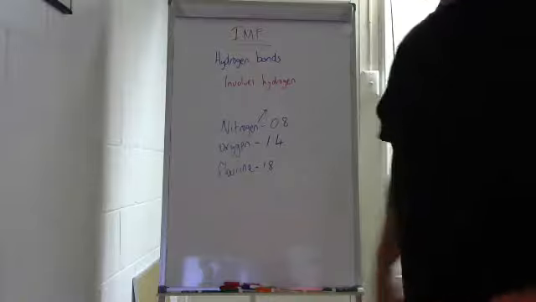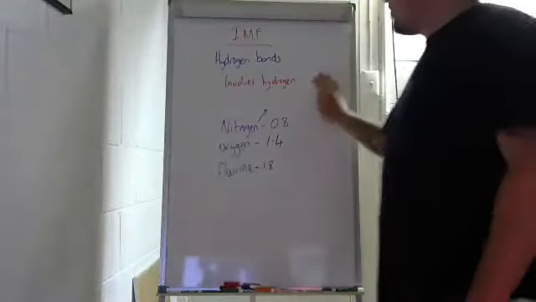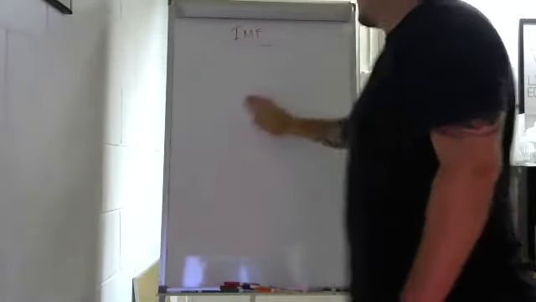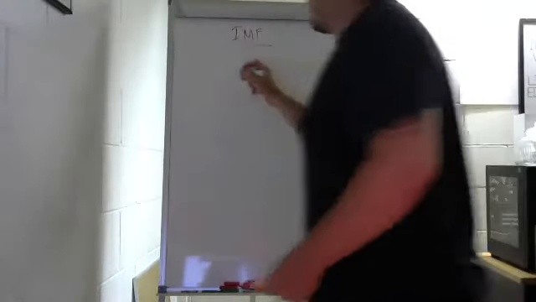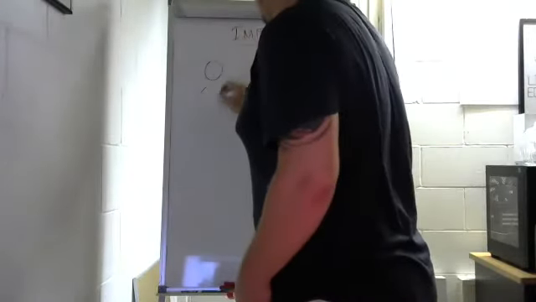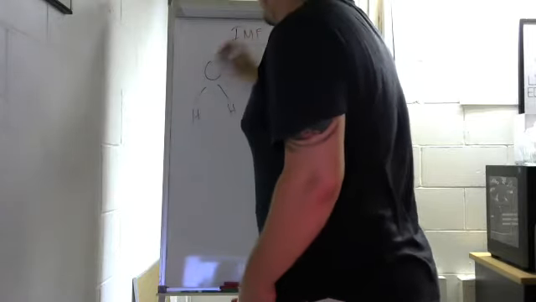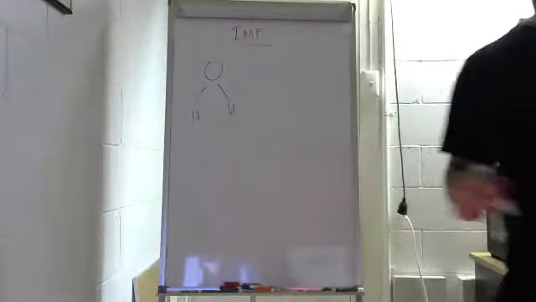So if we were to draw out water, classic example of the hydrogen bond, we have oxygen, dirty electron thief.